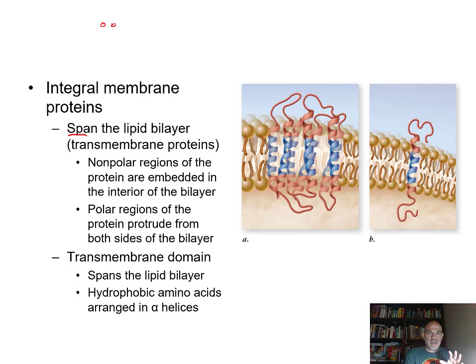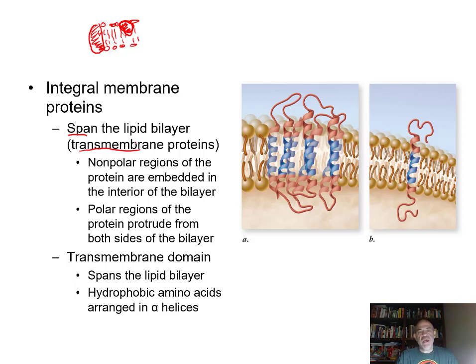So if we did our bilayer right here, and you had a protein that went part of the way in, it's an integral protein because it's integrated within there. And if you had another protein out here that went all the way across, it's also an integral protein, but it's a transmembrane protein because it goes all the way across.